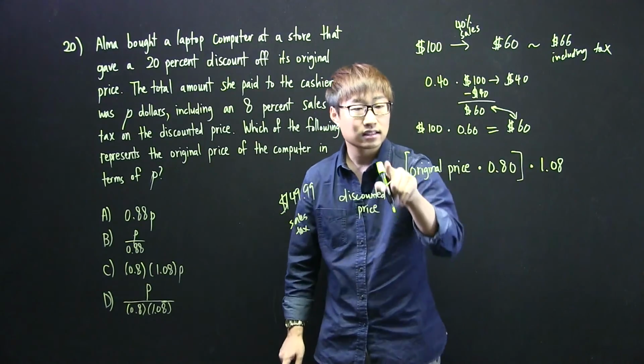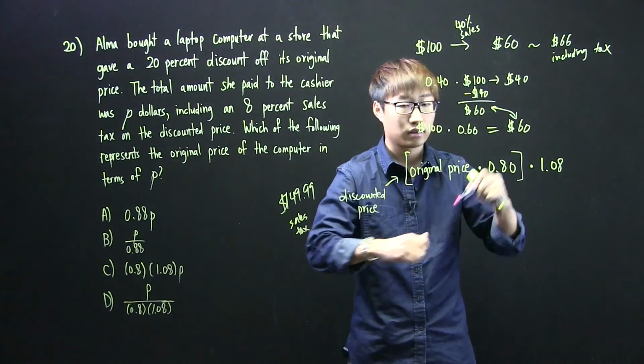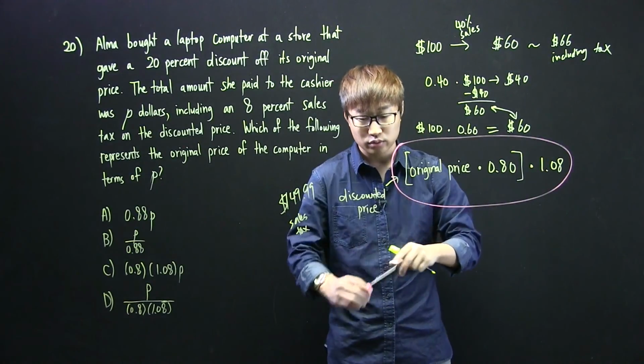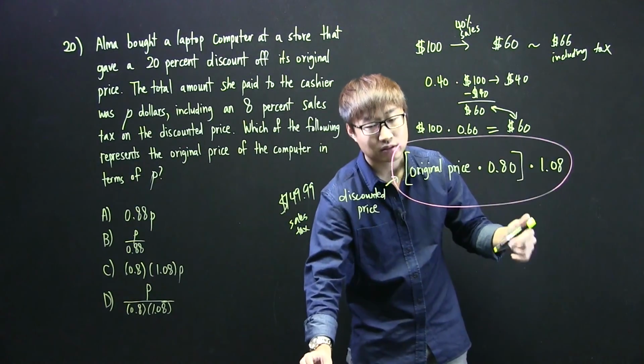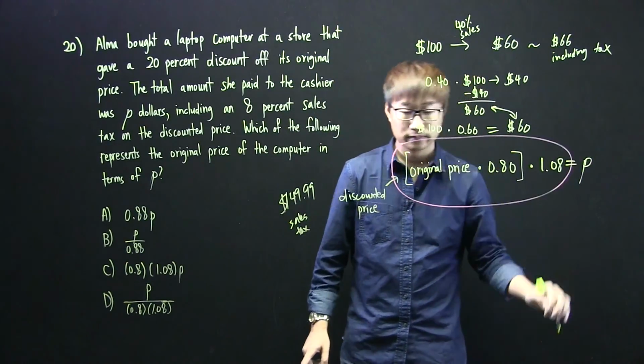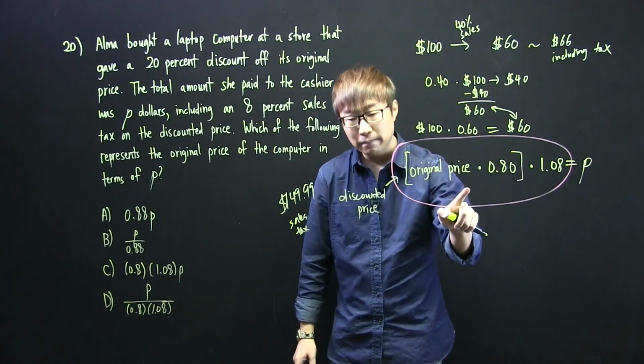And this whole thing over here should lead to the total amount she paid to the cashier, which it says is P. Now, does that make sense?